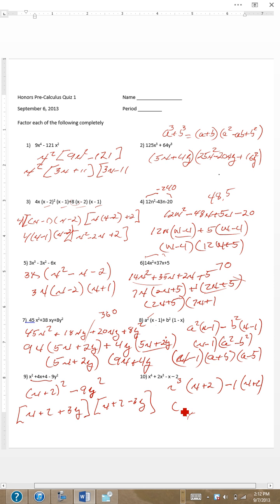Now, x plus 2 common to x cubed minus 1. Now, I let a lot of people get away with leaving it at that, but really, this difference of cubes should be refactored again. X minus 1, x squared plus 1x plus 1, x plus 2 comes down. There it is. Everything factored completely.